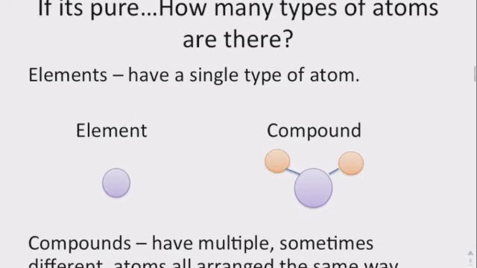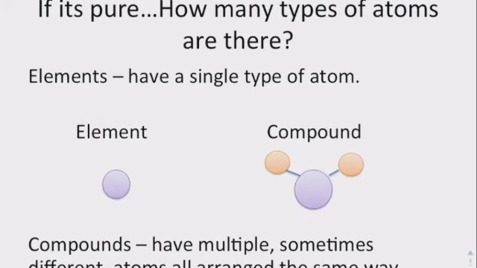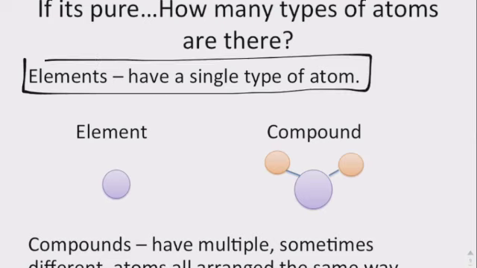Now, if it is pure, how many types of atoms are there? That's a question we have. If there is a single type of atom, we have an element, which is a good vocabulary term for us. If there are multiple atoms, arranged in any different way, we have what we call a compound.